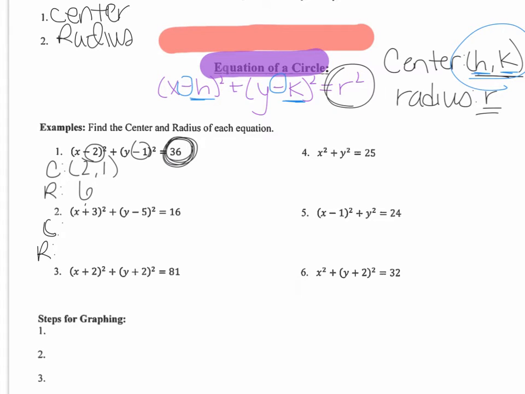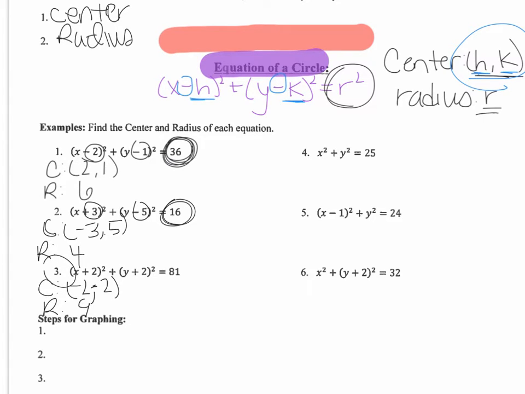My center is the opposite of these values, so (negative 3, 5). And my radius is the square root of that number, so 4. If we do number 3, my center is (negative 2, negative 2), and my radius is 9. If the problem asked me for the diameter, then I would just say 9 times 2, which is 18. So my diameter in number 3 would be 18.